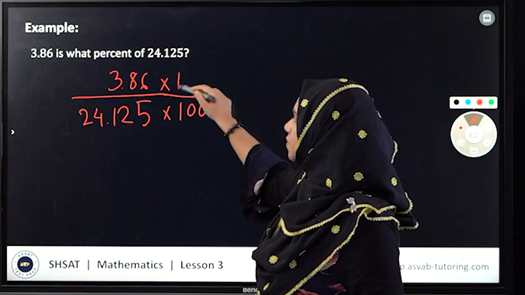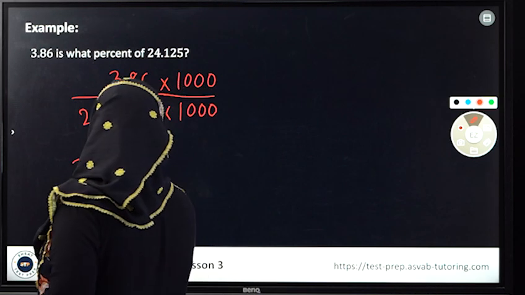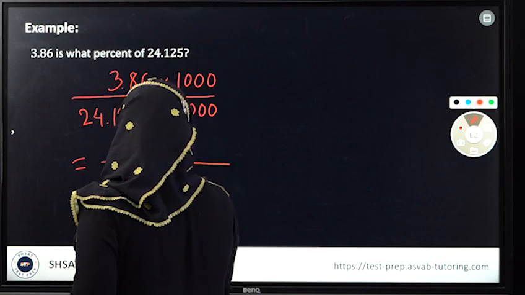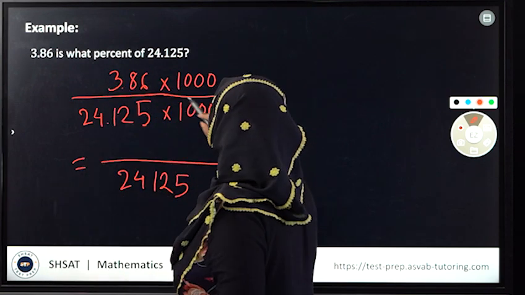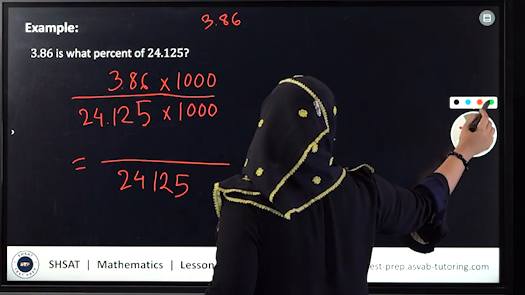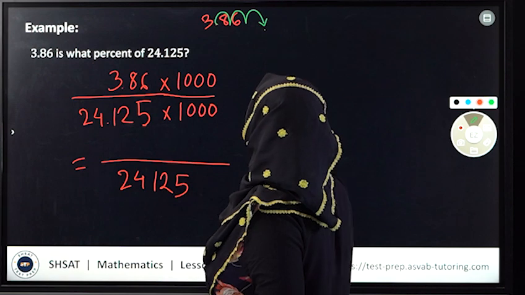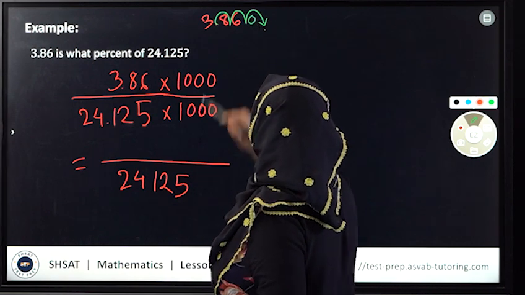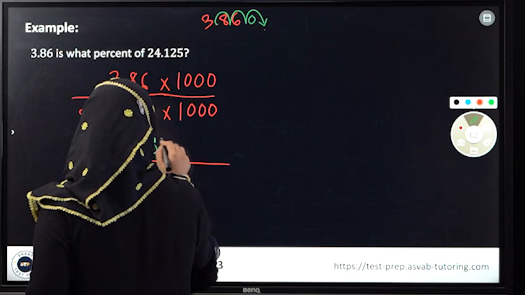And if we do that, we need to do the same thing to the numerator. That gives me in the denominator 24125, but in the numerator, because it's 3 zeros here, that means it's going to go 3 units to the right. And if I fill in the gap with a 0, my final answer to this is going to be 3860, right?